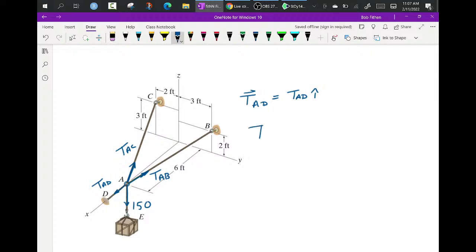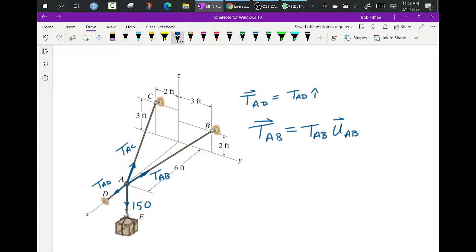Then I'll start saying, okay, what is this one? TAB is this one, times the unit vector from A to B. So if I could find the unit vector in that direction, then I've got it.